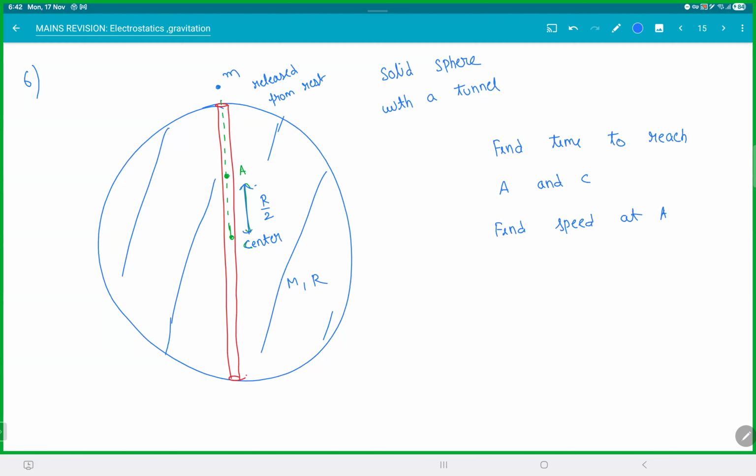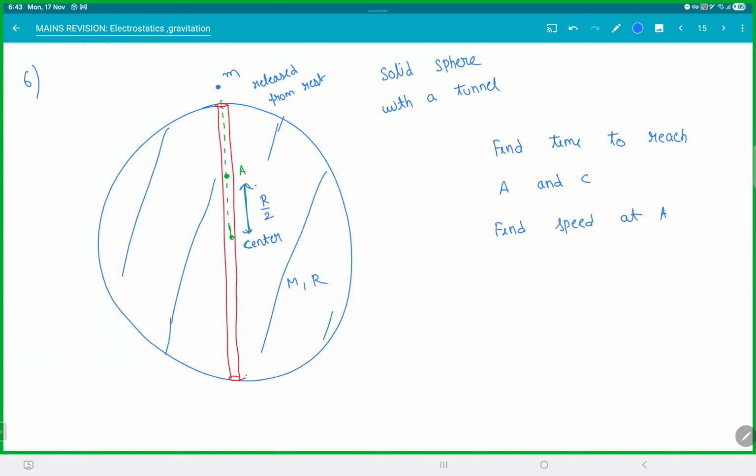You need to find the T also, right, Aditya? There are two ways, but for the time, you have to use SHM. There is no other way. So you can actually completely use SHM and finish off this.